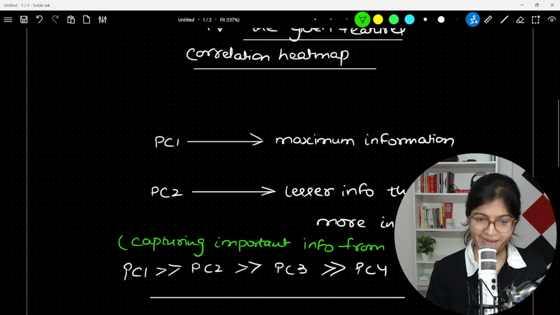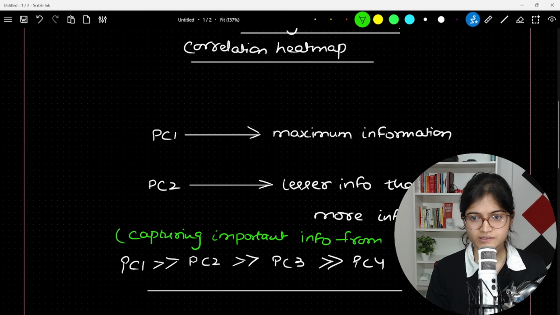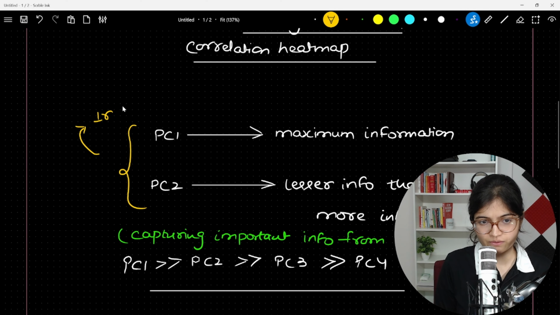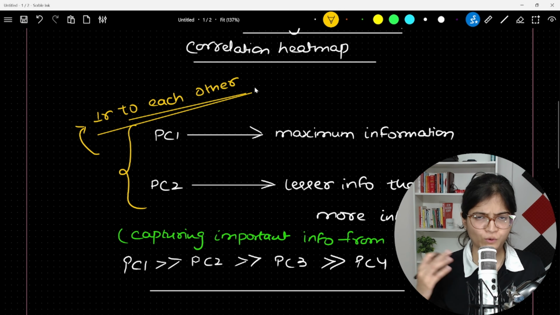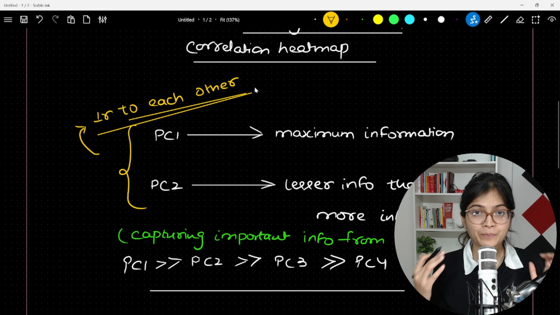Now, the next important part we have to understand is that PC1 is there, PC2 is there. Always remember they are also perpendicular to each other. All the components that we have, whether PC1, PC2, PC3, PC4, depending upon how many components we have, the important property is that all these PCs will be perpendicular to each other.